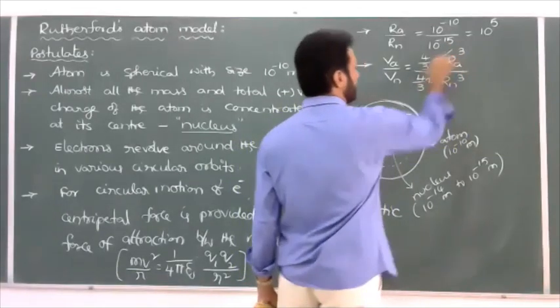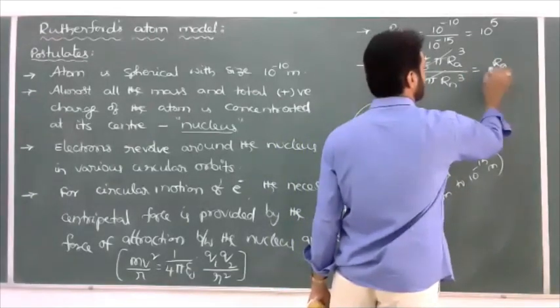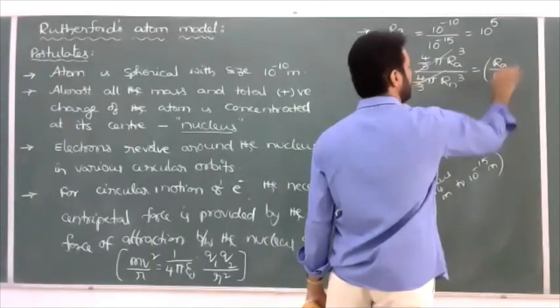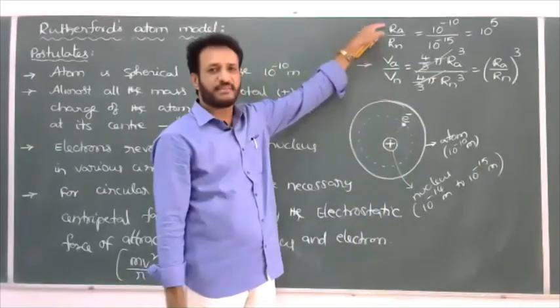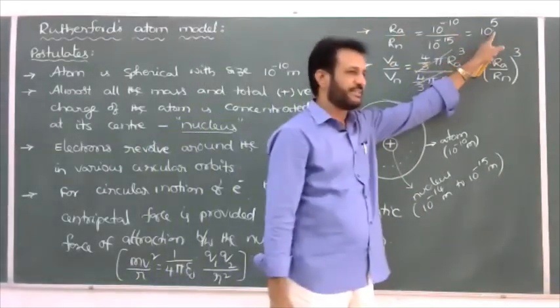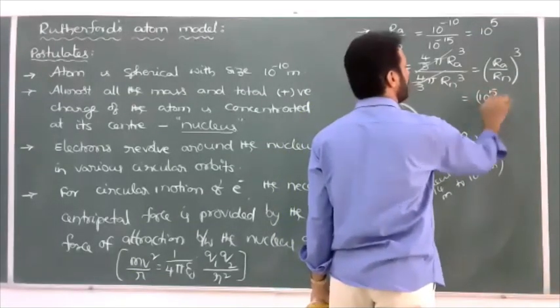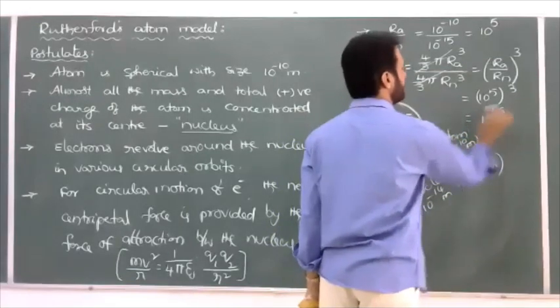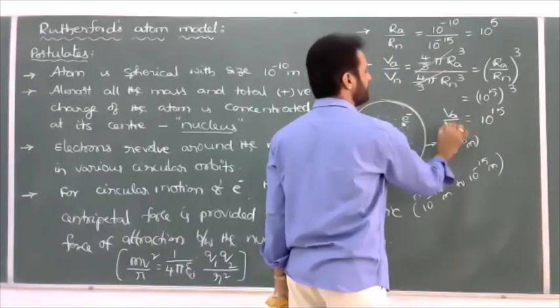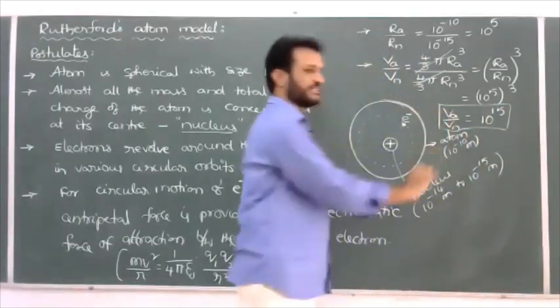So these two get cancelled, which is equal to radius of the atom by radius of the nucleus, whole cube. Now check here, radius of the atom by radius of the nucleus is equal to 10 power 5. If you substitute here, it is 10 to the power of 5 whole cube. 5 threes are 15, 10 to the power of 15. So the volume of the atom is equal to 10 power 15 times the volume of the nucleus.